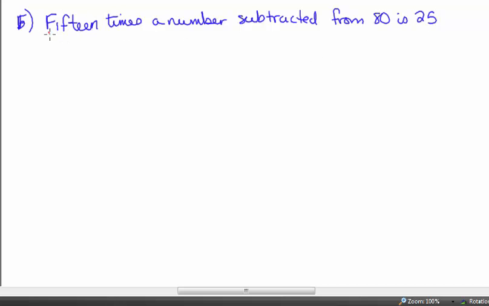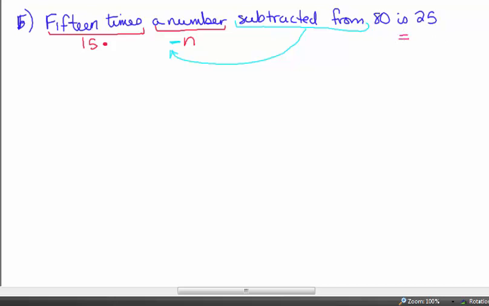Okay, 15 times a number subtracted from. Now when we see this subtracted from, this right here means that we bring the negative in front. So the number is being subtracted, so it's minus n. And then of course we have 80 is 25.